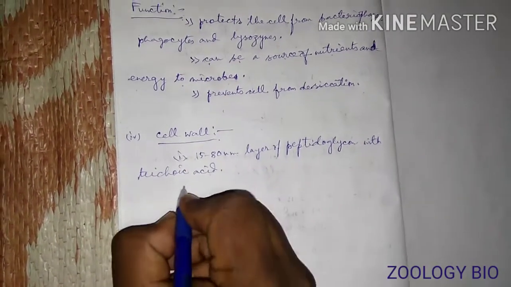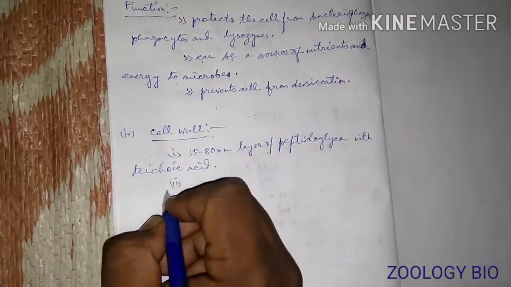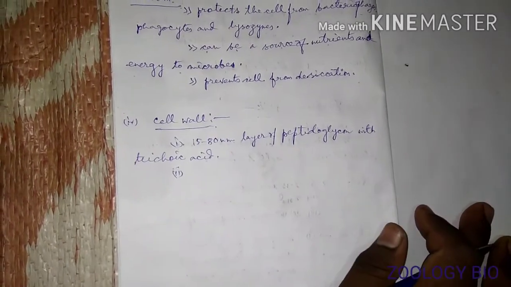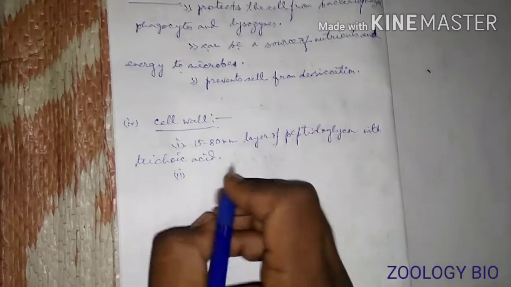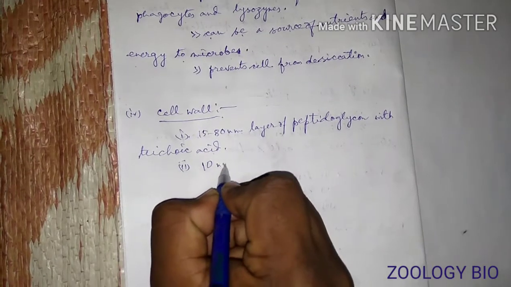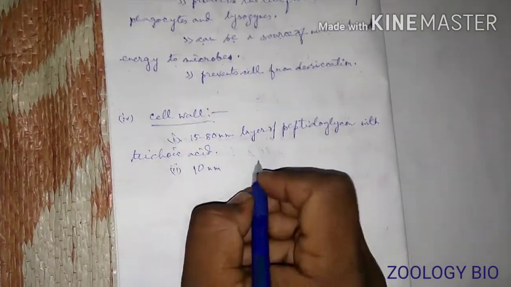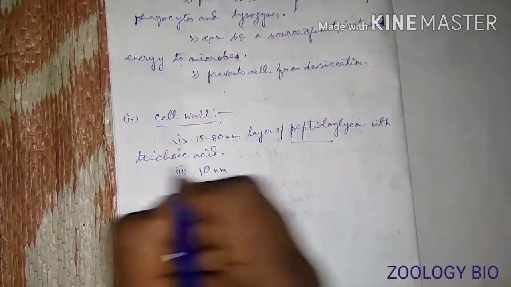In another class, the cell wall contains a thin layer, about 10 nanometer, of peptidoglycan with teichoic acid.